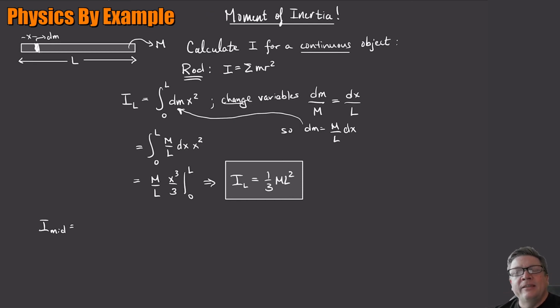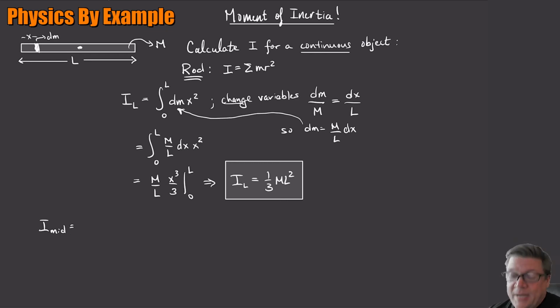The only thing that's any different is as you're integrating along, if now we want the midpoint to be the pinpoint about which this thing rotates, then those little bits of mass are a distance x away from that point. And when you get to the middle, that's 0, right?